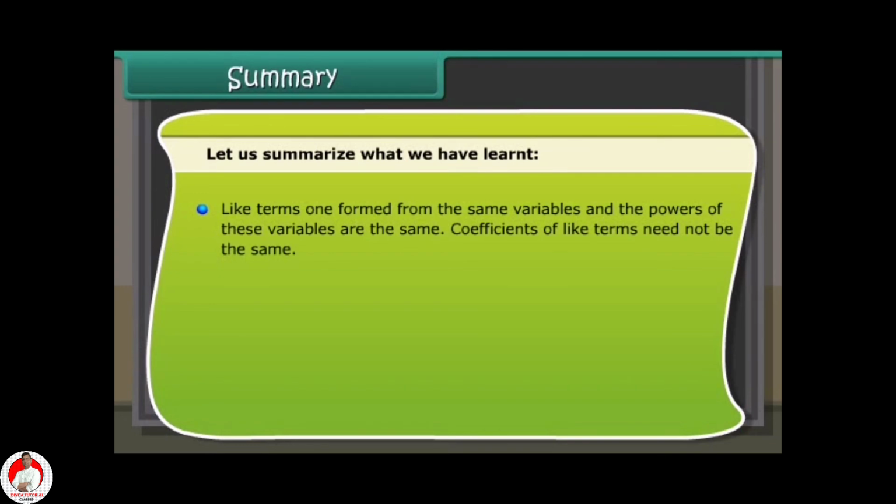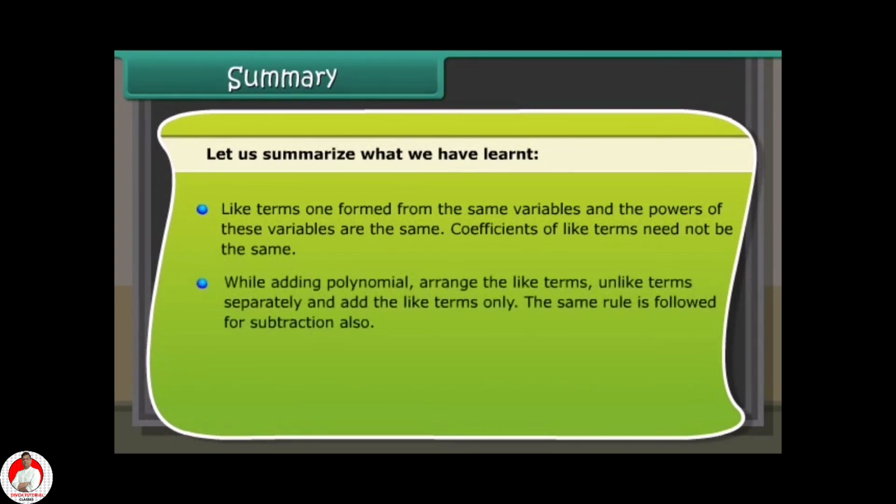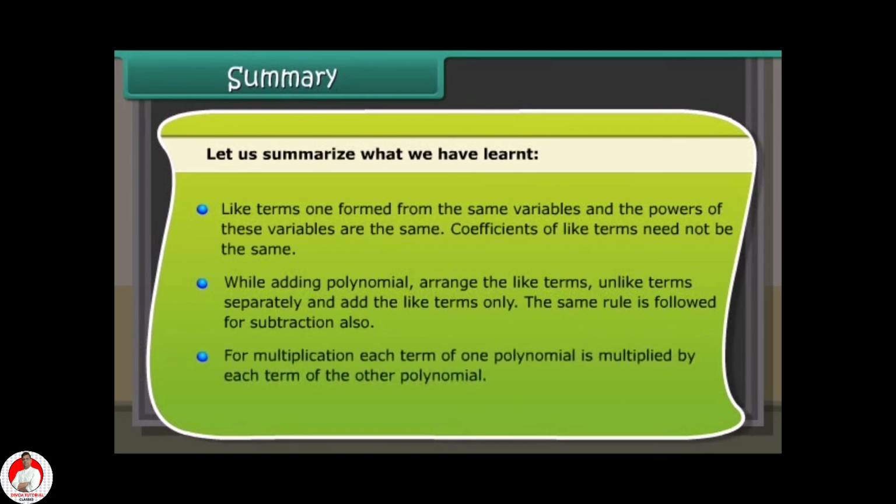Coefficients of like terms need not be the same. While adding polynomials, arrange the like terms and unlike terms separately and add the like terms only. The same rule is followed for subtraction also. For multiplication, each term of one polynomial is multiplied by each term of the other polynomial.